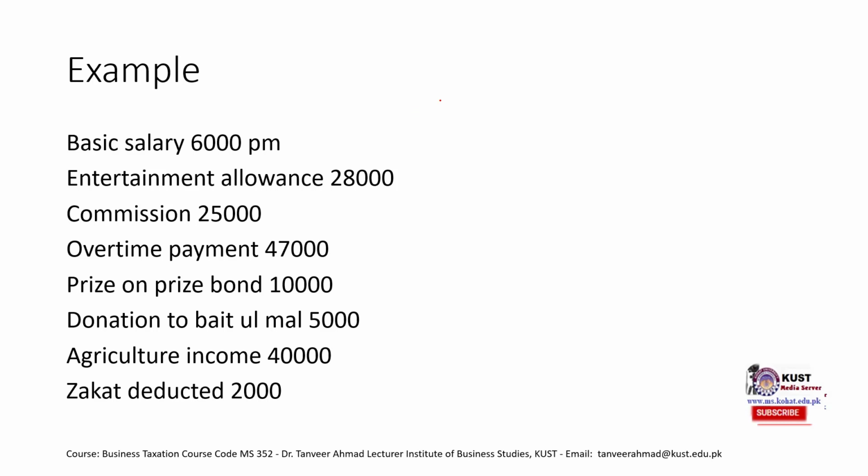Okay, so basic salary is 6,000 per month, so yearly it would be 72,000. Then we have commission, which is 25,000. Then we have entertainment allowance, 28,000.